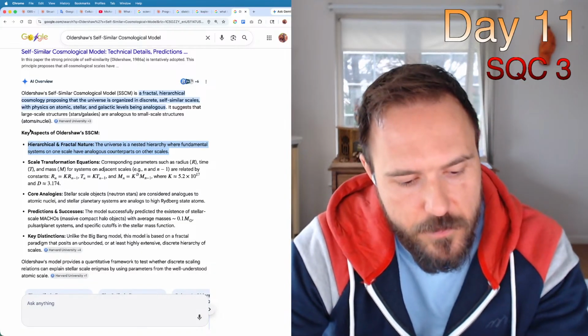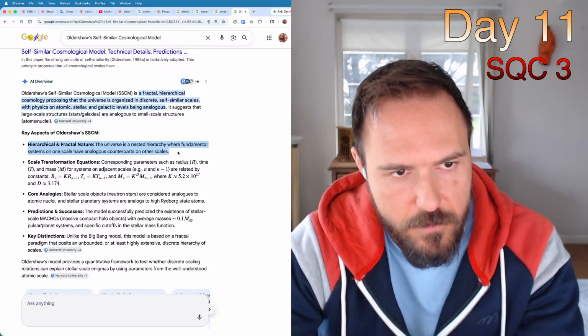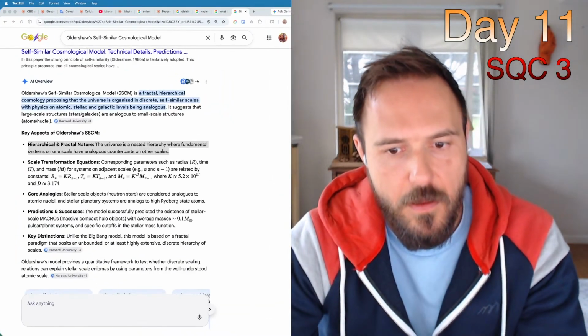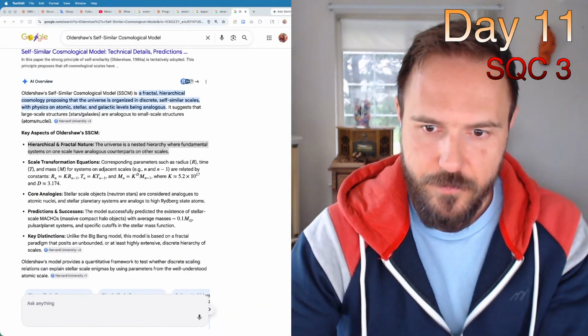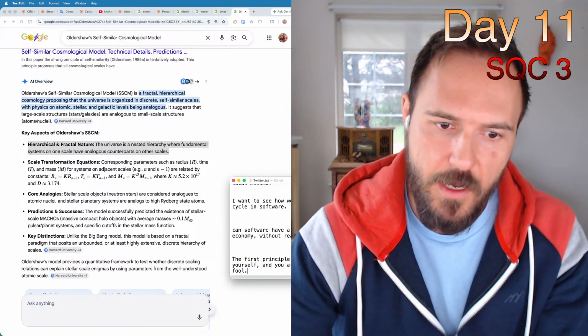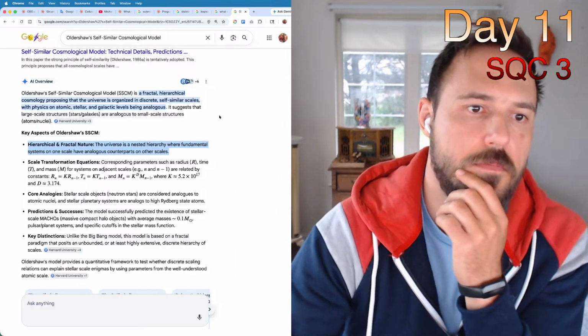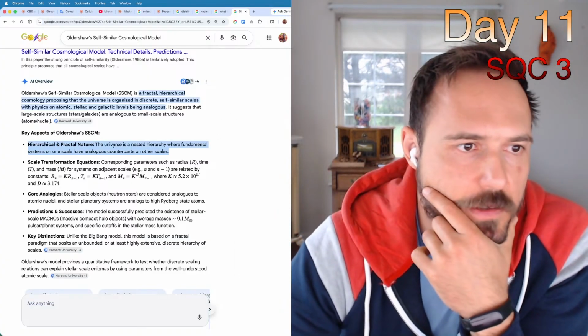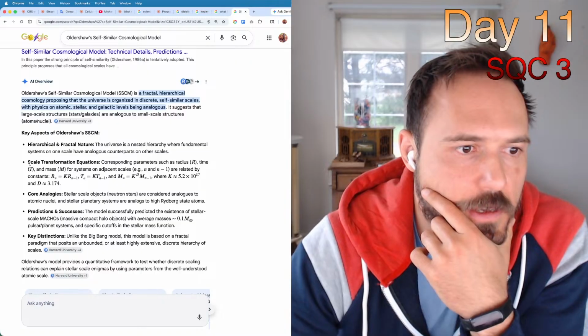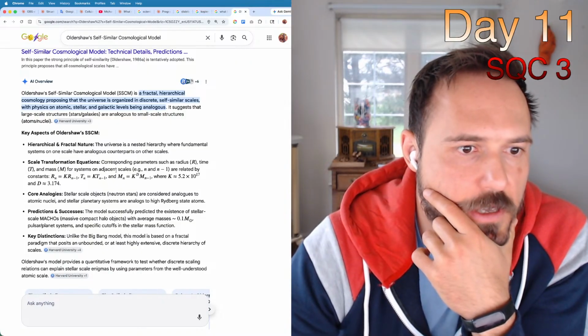I like this. I'm not saying that's true. I like the description of that. Scale transformation equation.